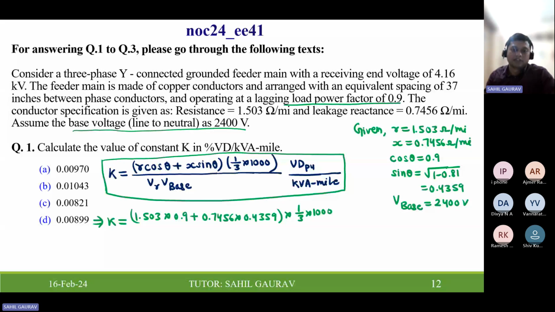So also write it as voltage drop per unit per kVA mile. So VR times V base is 2400 volt square.